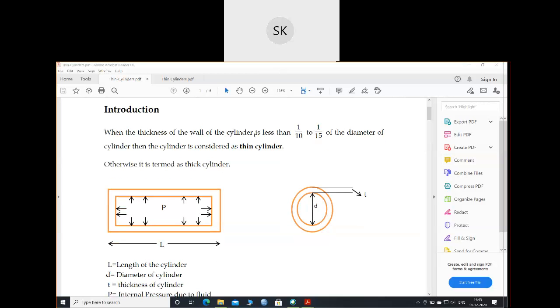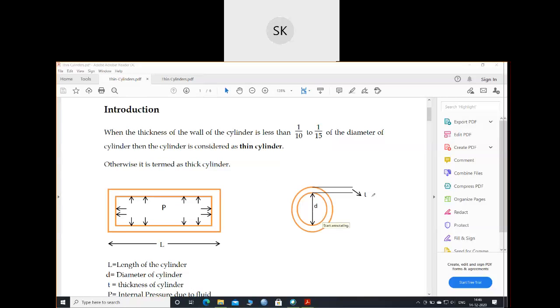Okay, proceed. When the thickness of the wall of the cylinder is less than 1/10 to 1/15 of the diameter of the cylinder, then the cylinder is considered to be a thin cylinder. This T value represents its thickness, and this is the diameter.